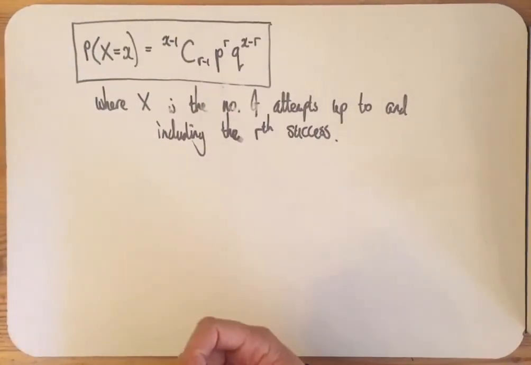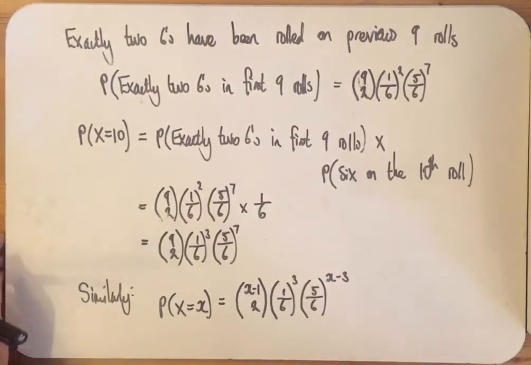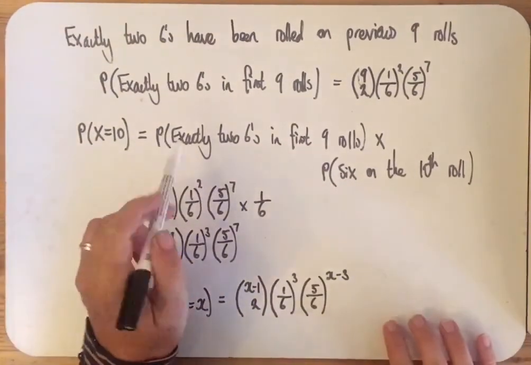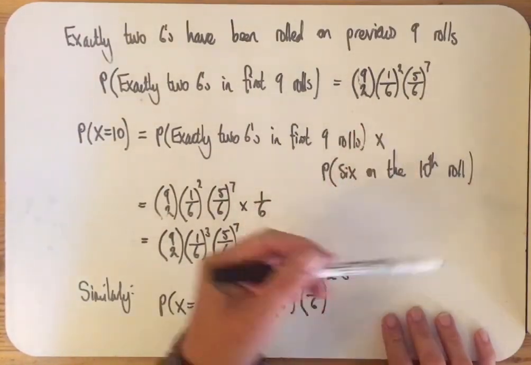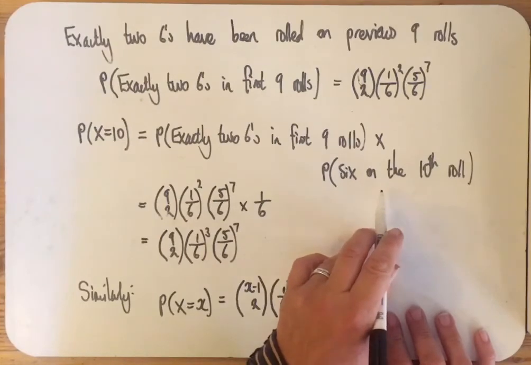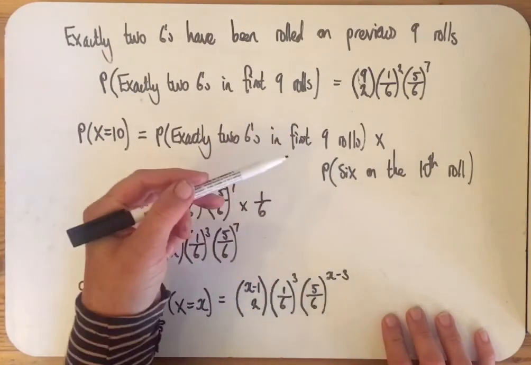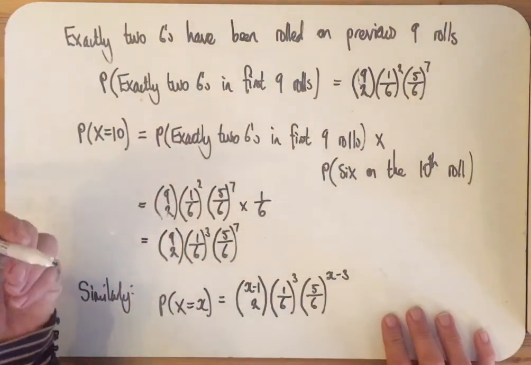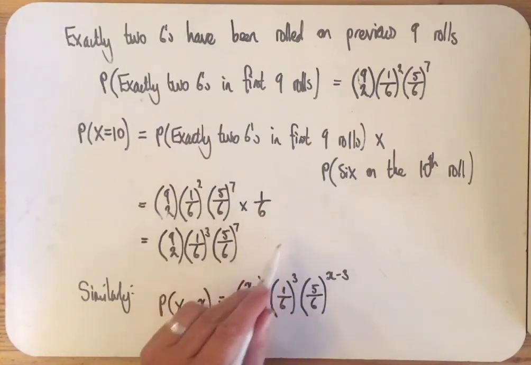I personally quite like being able to do this so that you've got 2 sixes in the first 9 rolls, that's your binomial distribution, and then times by getting a 6 on that 10th roll. So it's 2 sixes in the first 9, and 1 six on the 10th, which takes you to there.